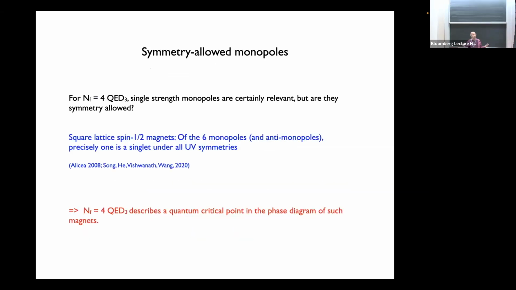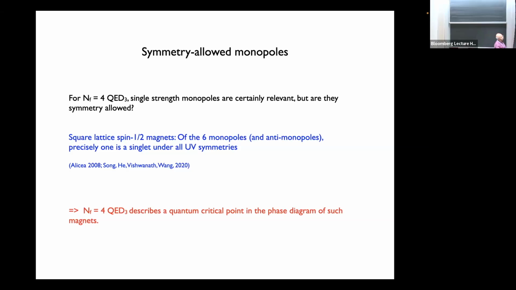So we need to know, what are the symmetry-allowed operators in this theory? And we saw that the dangerous ones are the single-strength monopoles. So you have to understand whether any of these single-strength monopoles are symmetry allowed. You can do that analysis based on the parton construction.